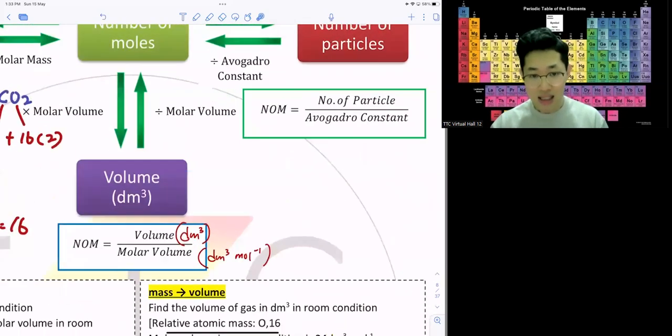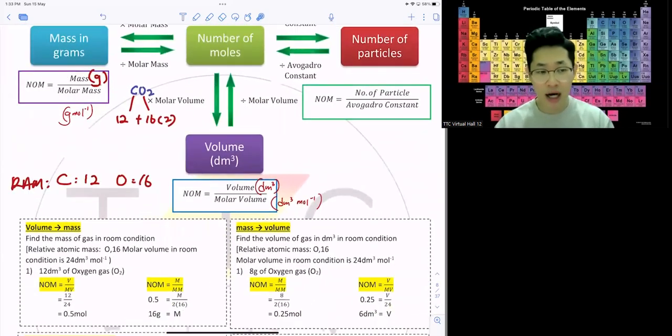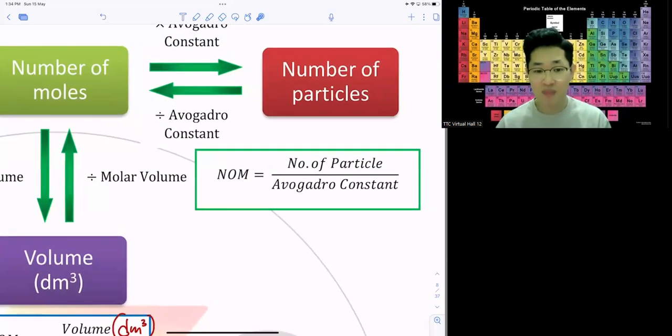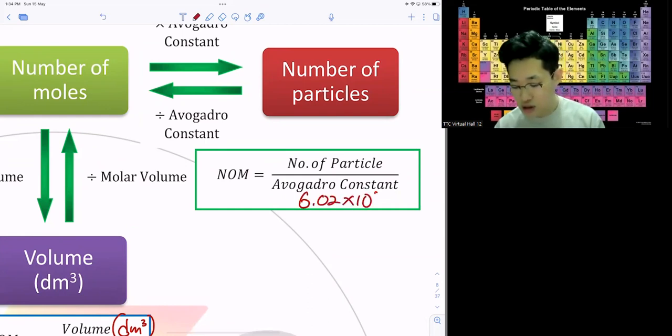For number, I think you have learned this in school, right? Most of the school teachers have already started to do chapter 3. So in chapter 3, the teacher will definitely teach you how to calculate number of mole. The first formula they teach you will be this one: number of particles over the Avogadro constant. Do you know what Avogadro constant is? It is 6.02 times 10 to the power of 23.